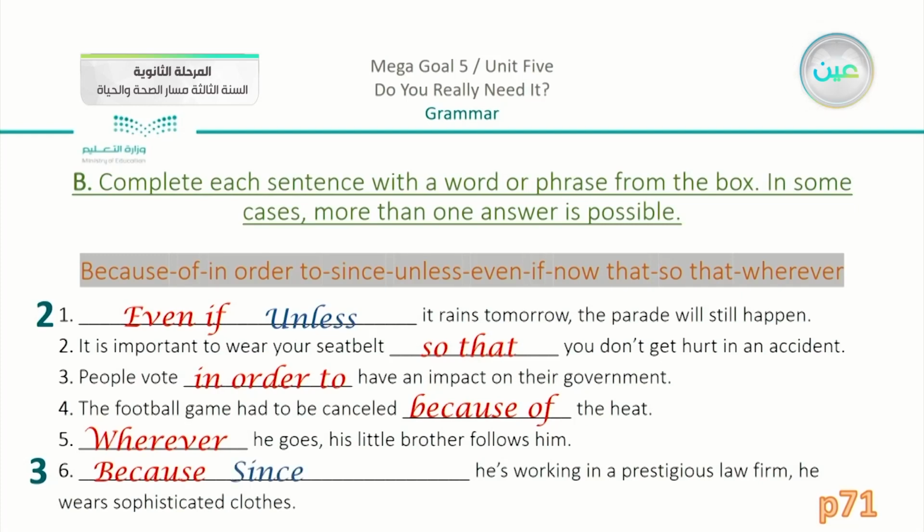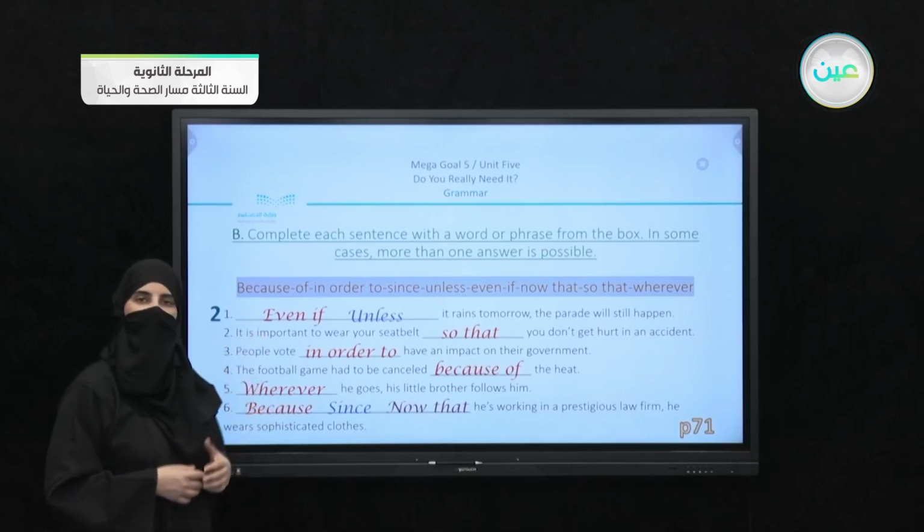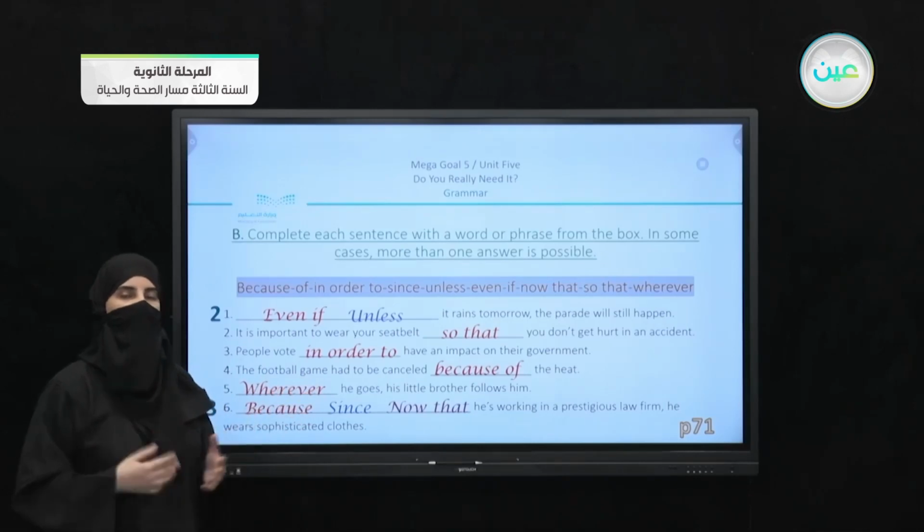Since he's working in a prestigious law firm. And also we can say, now that he's working in a prestigious law firm, he wears sophisticated clothes. So we can see that we do have some choices in number 1 and also in number 6, just to show you that whichever answer you have chosen from these is going to be the correct answer.